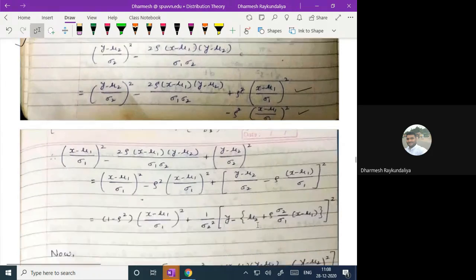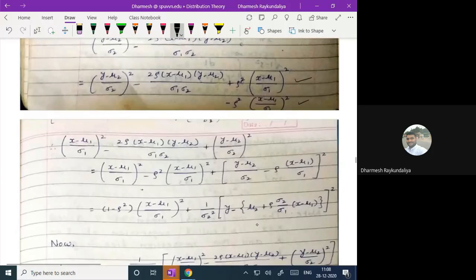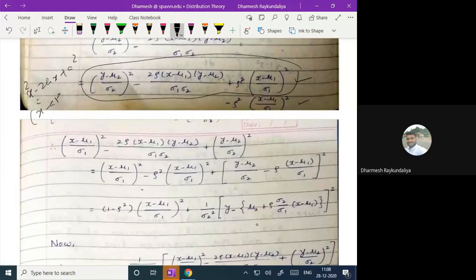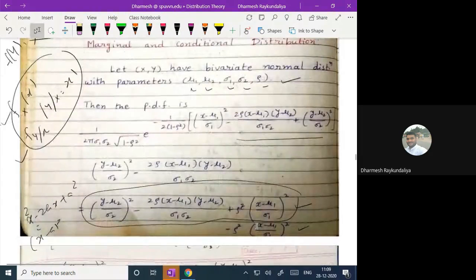So now this is something like x square minus 2ax plus a square, which is x minus a whole square. So I can write it as (y minus mu2 upon sigma 2 minus rho times (x minus mu1) upon sigma 1) whole square. But what is the additional term here?